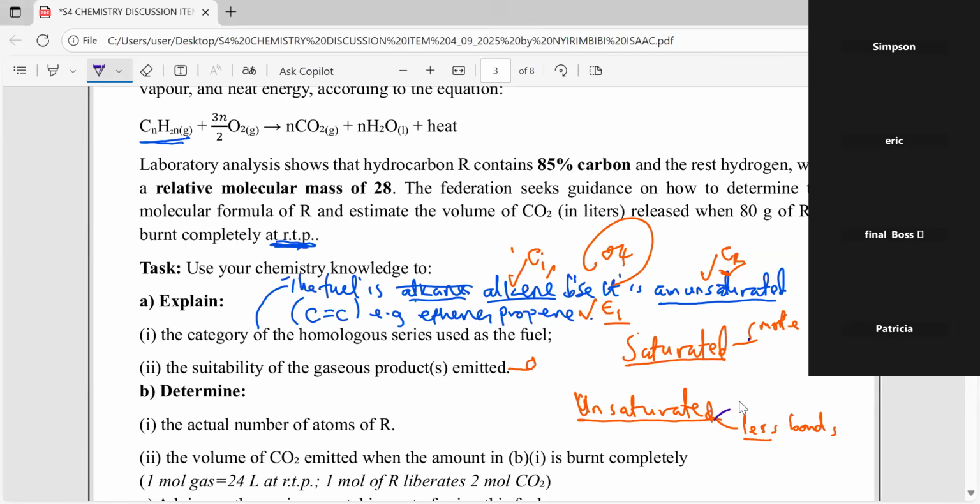Unsaturated, we have multiple bonds, and then the saturated is where all the four valences, let us say in alkanes, are satisfied by single bonds. Yes. Okay. I think that one also is a good one.